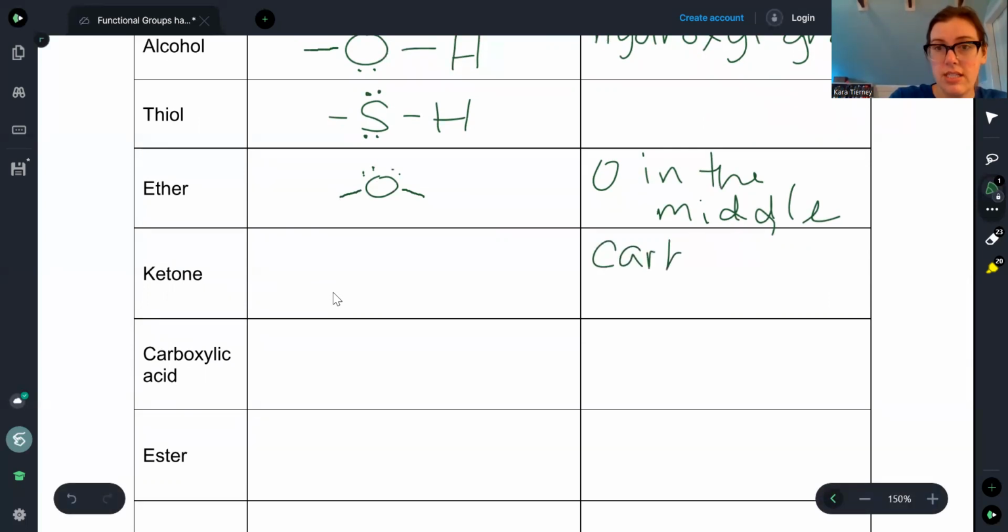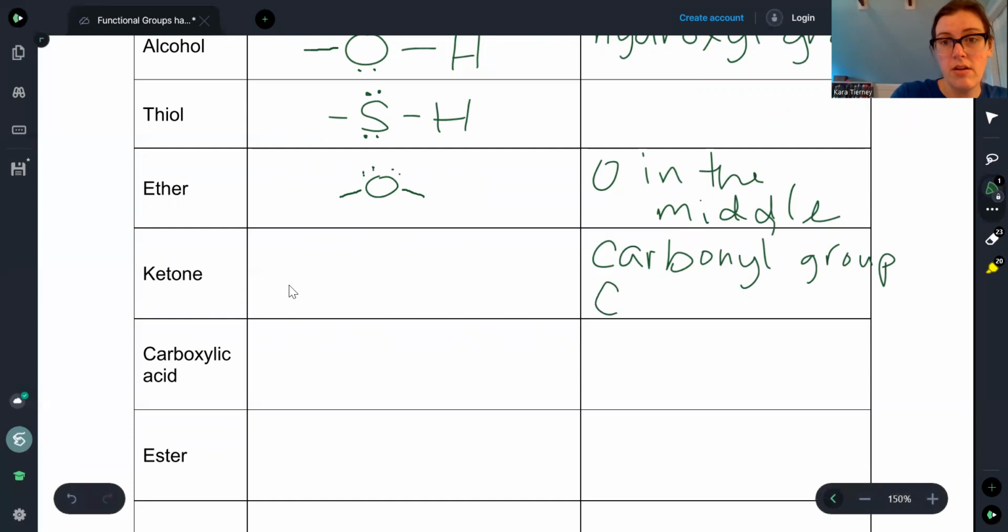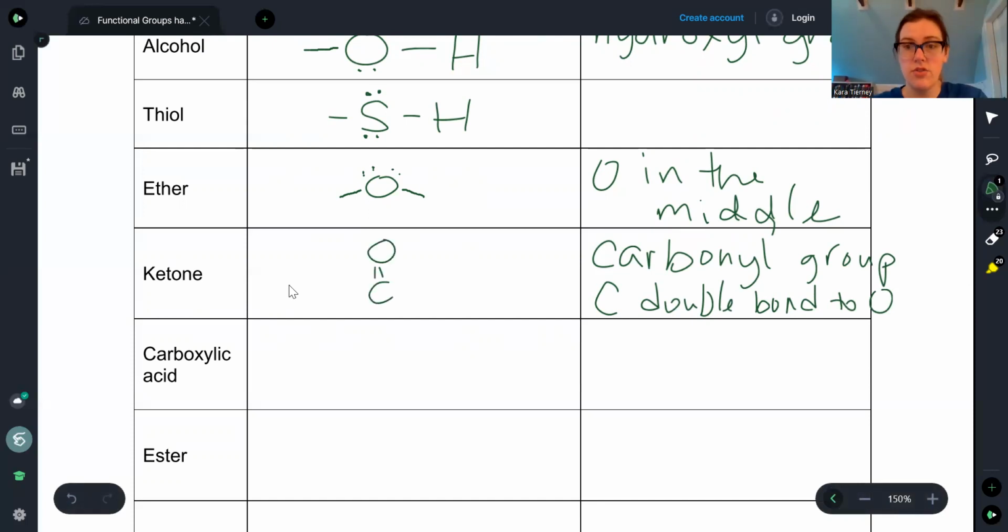So ketones contain carbonyl groups, like alcohols contain hydroxyl groups. And a carbonyl group is a carbon with a double bond to oxygen. All right, so we've got a carbon here, a double bond, and it's to an oxygen.